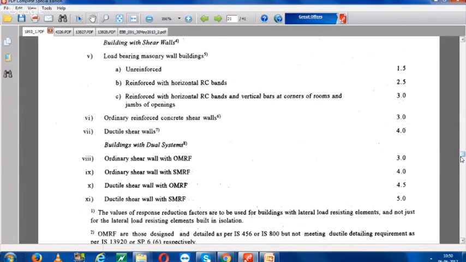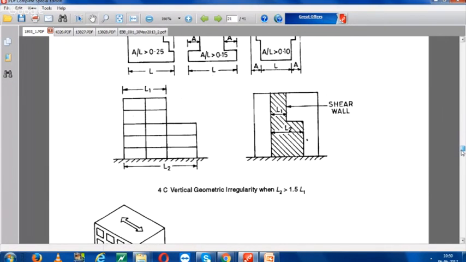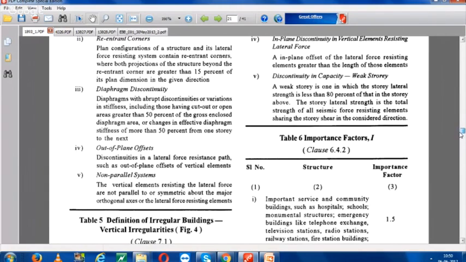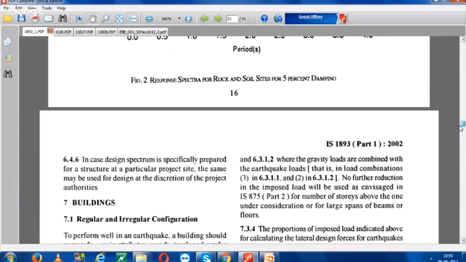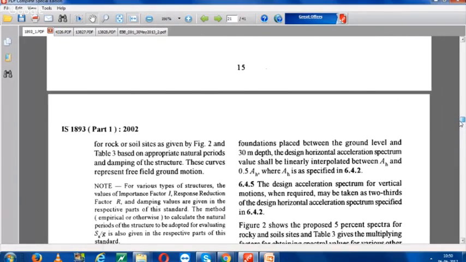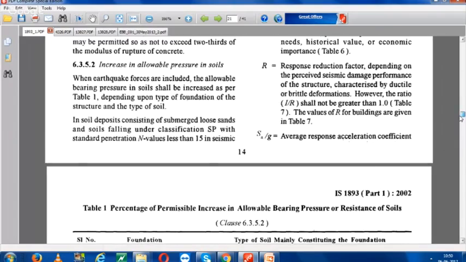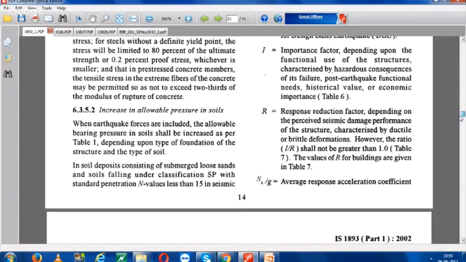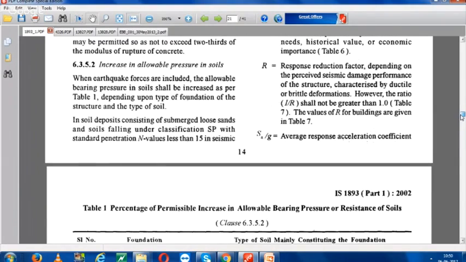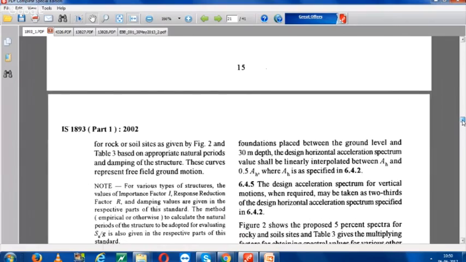Another thing is this Sa by g. Sa by g is the average response acceleration coefficient. It depends upon the type of soil on which you are making your building.